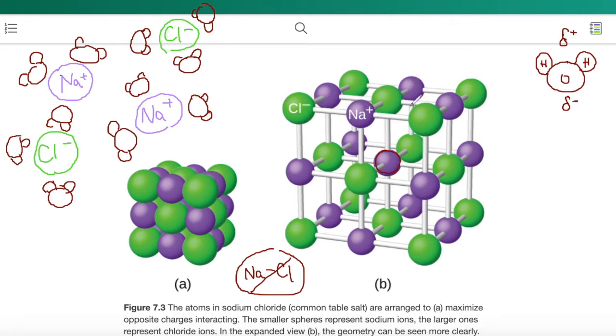Each of these 3 dimensions sees alternating positive and negative charges so that they are attracted to the maximum amount of negative charges surrounding them. And overall, there's a 1:1 ratio of sodium +1 to chloride -1. So this is what it looks like as a solid.